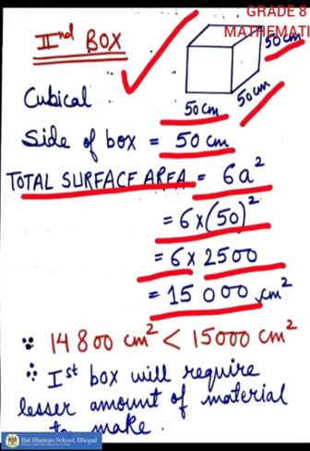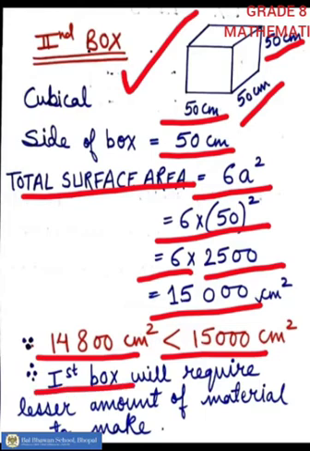Now on comparing the areas of the first box and second box, I have got to know that the total surface area of the first box is smaller than that of the second box. So which means that the first box will require lesser material to make.